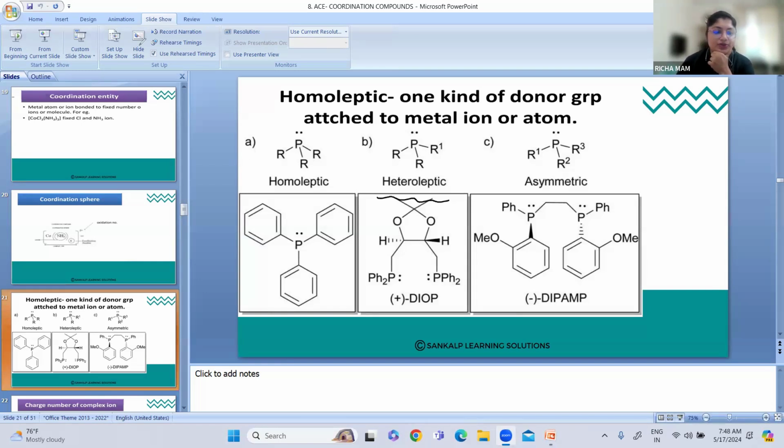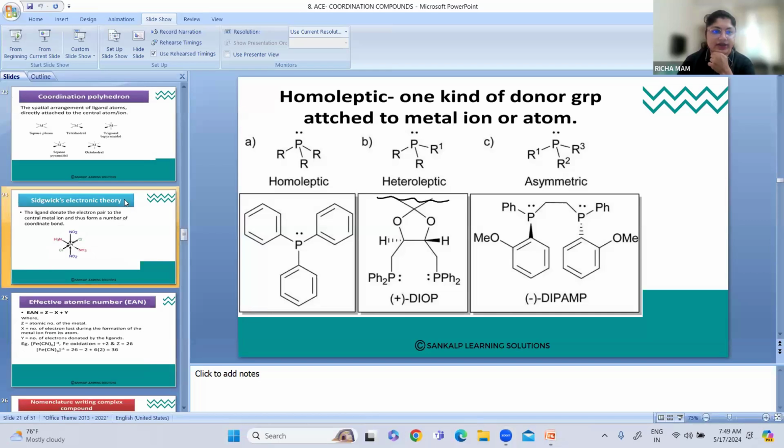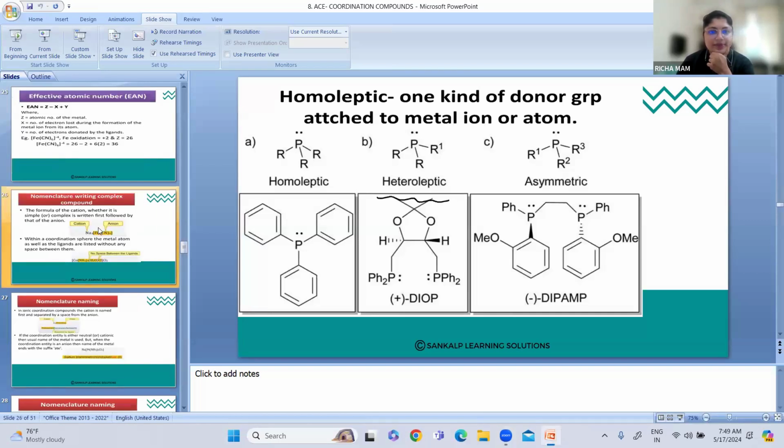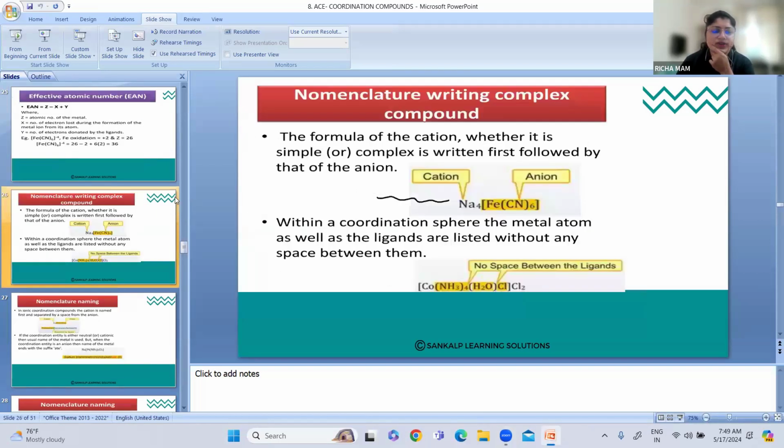Fine. So this also we have discussed. Then we had started with nomenclature. Very important, right? So let us see nomenclature, then we'll continue with the same. First is the order of naming the ion.